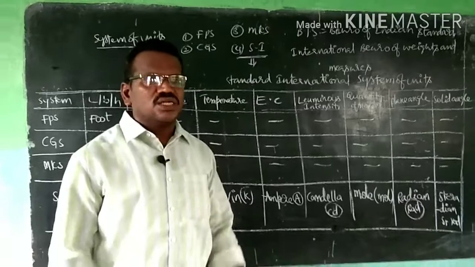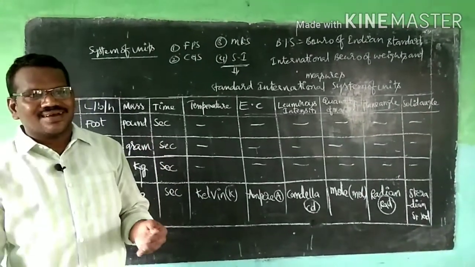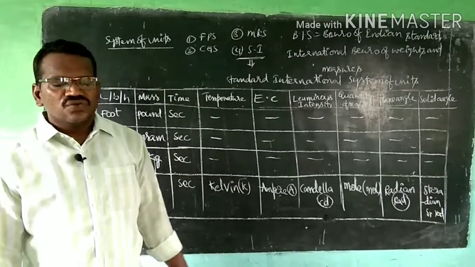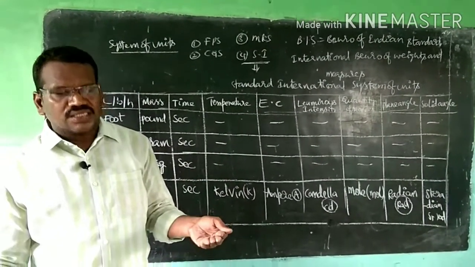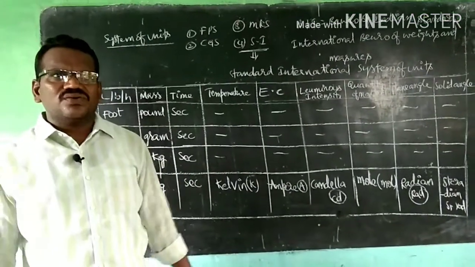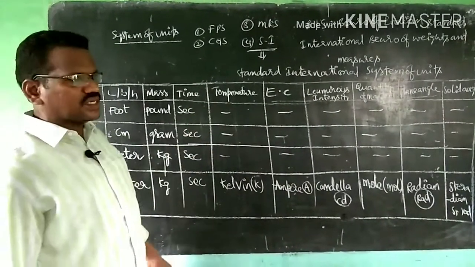Now let us discuss the different units for the fundamental physical quantities. Why? Because only fundamental physical quantities have units. Then what about the derived quantities? Derived quantities depend on these fundamental quantities.